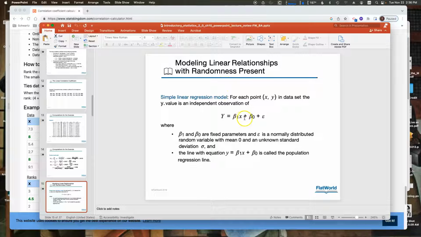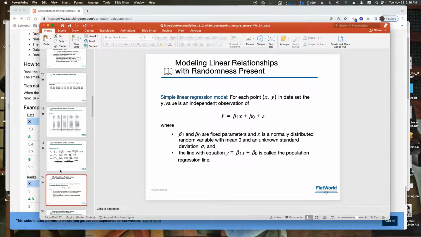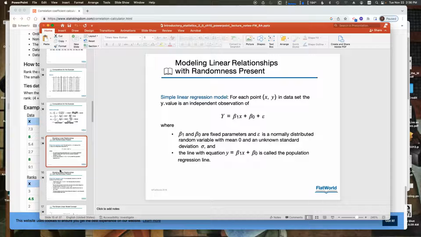So we have a regression line, and we have some way in which there are random deviations between it. That random variable is normally distributed, and we're generally expecting that the mean value of the randomness variable is 0.